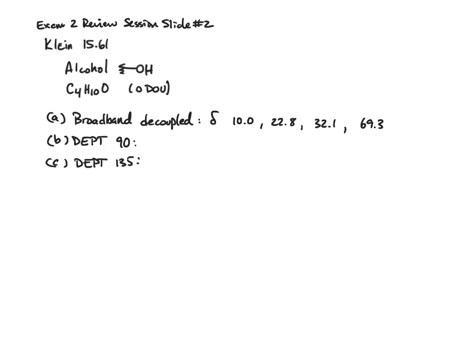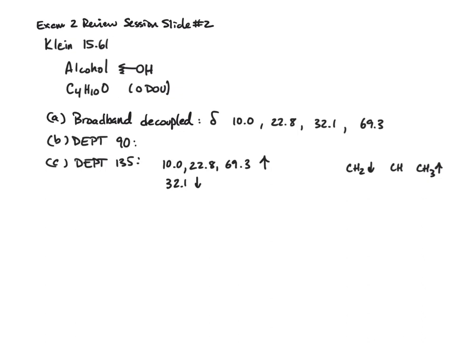So 135 says there's positive signals at 10, 22.8, and 69.3. Those are phased up. It has a negatively phased signal at 32.1. So our key was CH2 is phased down, CH3 is phased up, or positive.